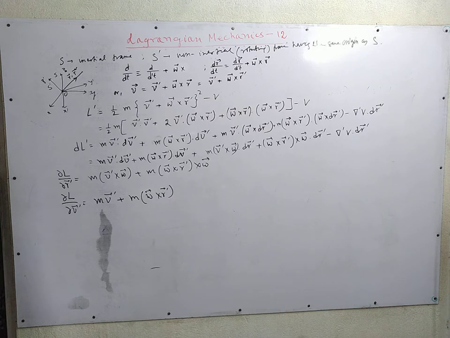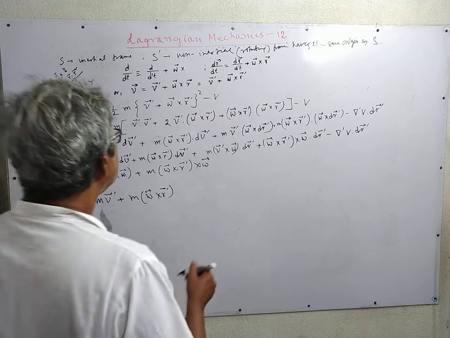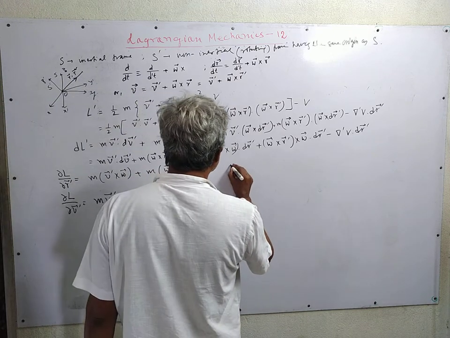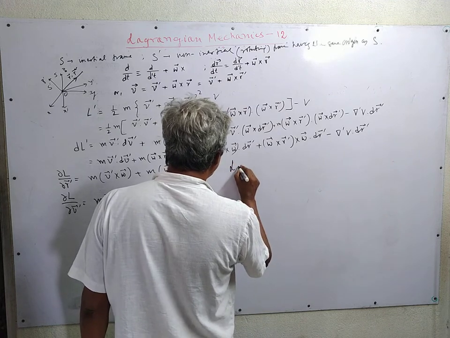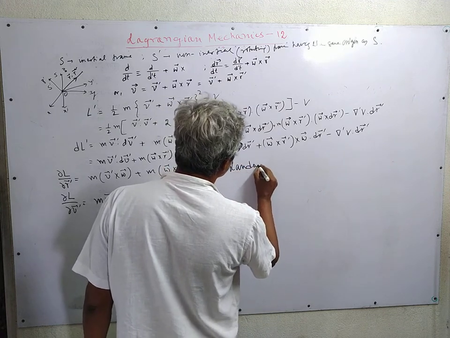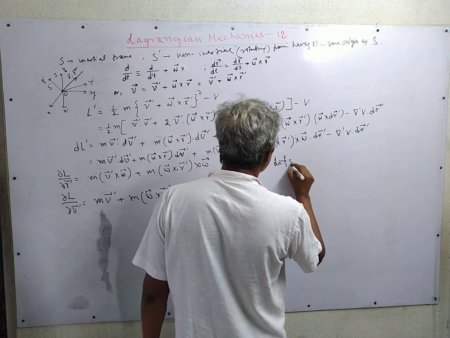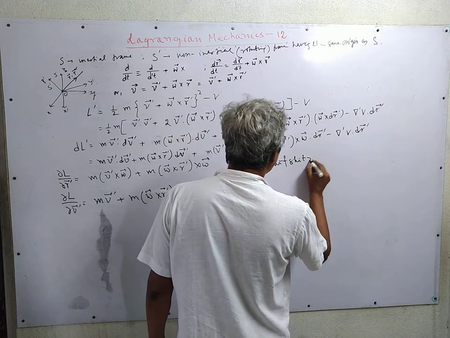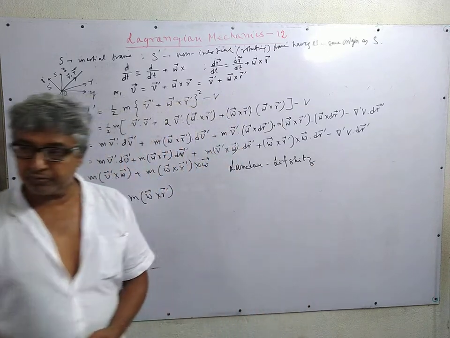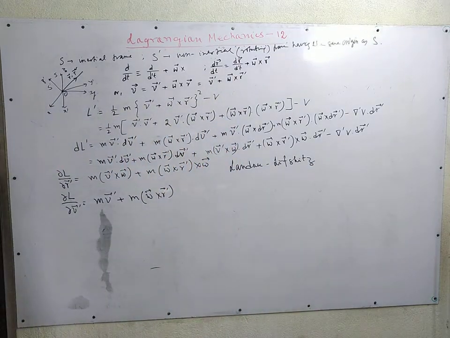In this case we have performed the calculation in a bit more sophisticated way using vector relations. This type of calculation is done in the classical mechanics book of Landau Lifshitz.